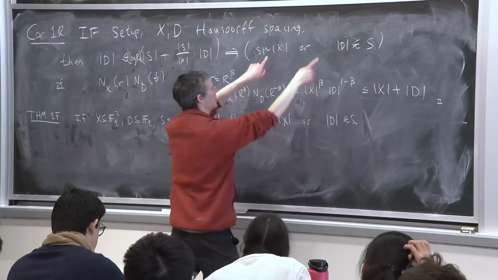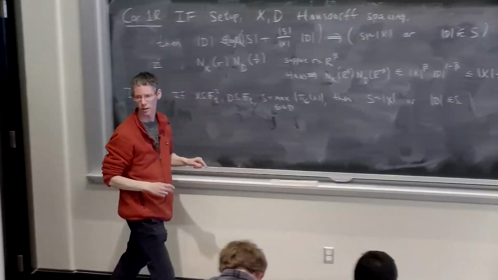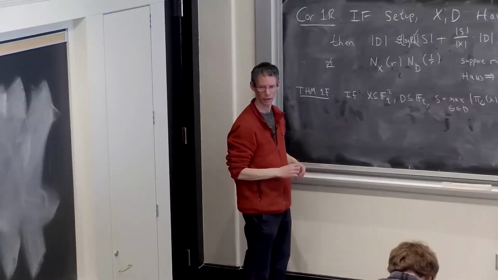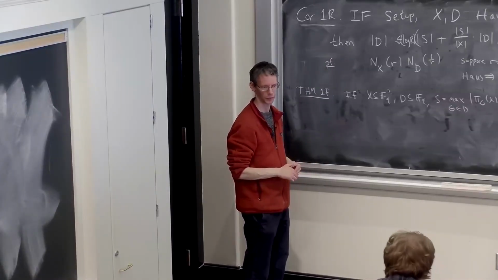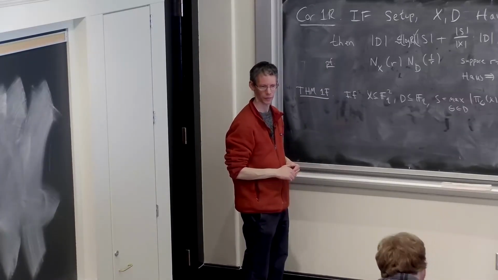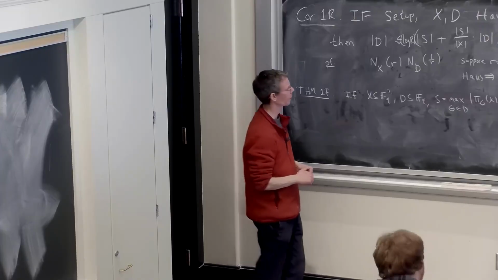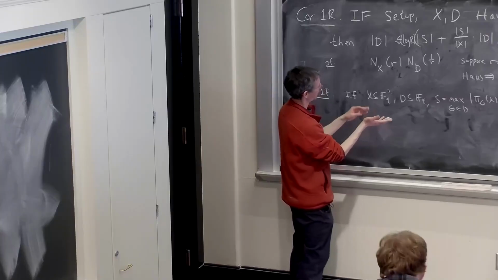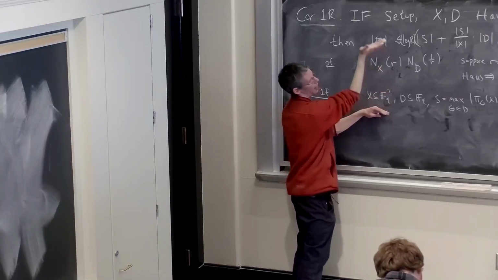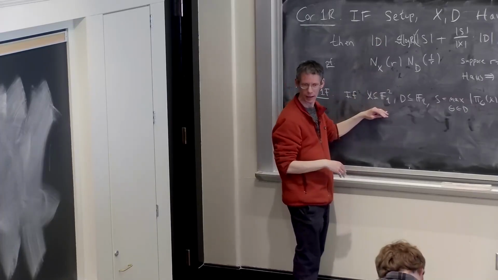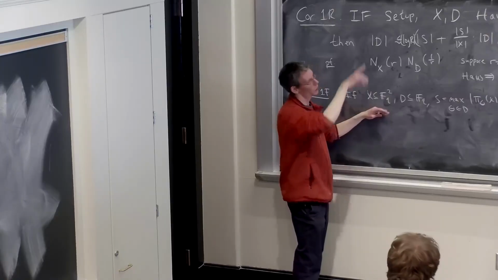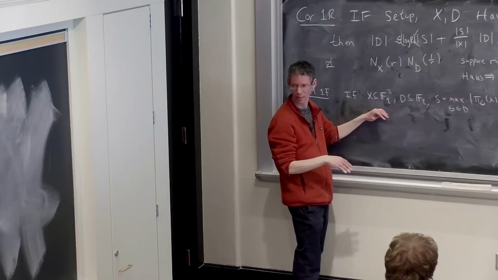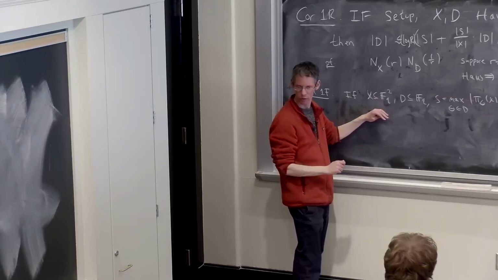And the numerology is now the same in finite fields or if you have balls with the Hausdorff spacing. So in general, the numerology in a lot of things is the same between finite fields and balls with Hausdorff spacing. So this was theorem 1 from last time. I'll track through also theorem 2 from last time and the conjecture from last time, and we'll see that they all match up.